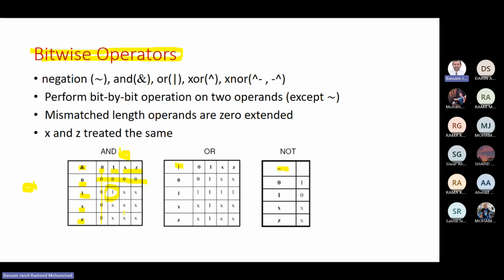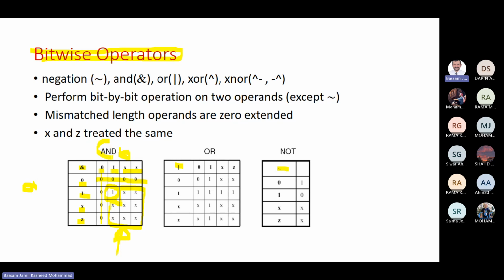And this is the new thing for you in this course: if any of the bits that I am ANDing is high impedance or unknown, you will get unknown as a result. Many times students ask me, when they simulate their code, why are we getting unknown? Well, because one of the inputs of that gate is unknown, so it propagated the unknown to the output.